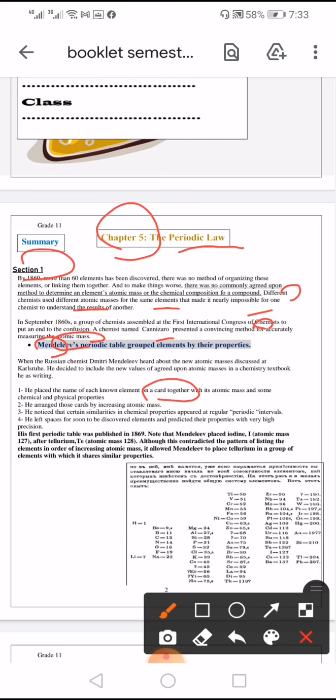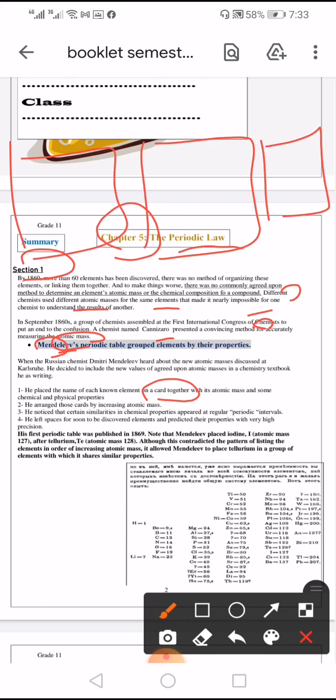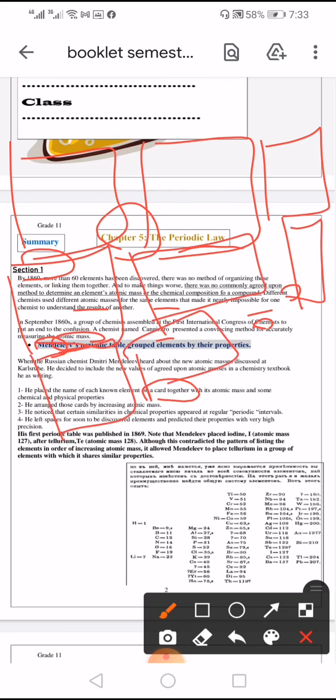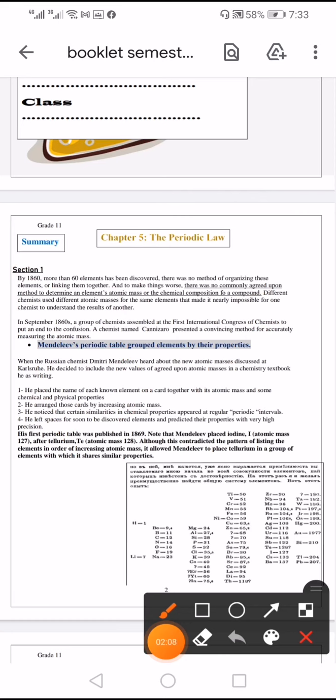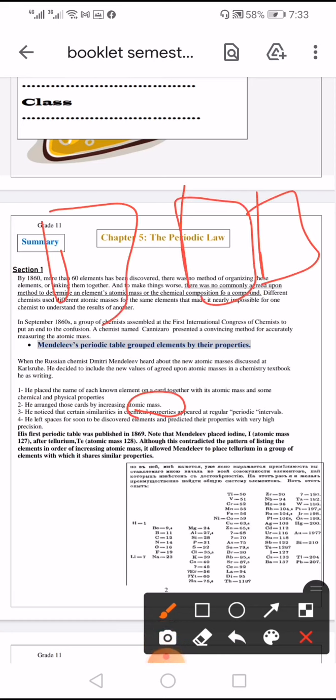So Mendeleev put the names of elements on cards like this, according to atomic mass and their chemical and physical properties. He arranged the cards by increasing atomic mass.